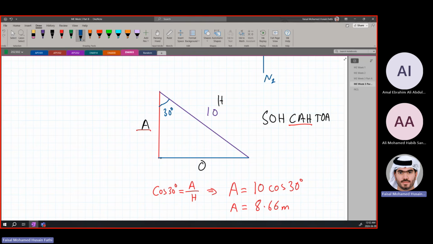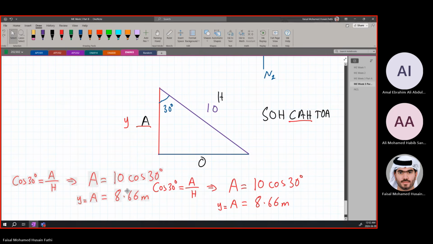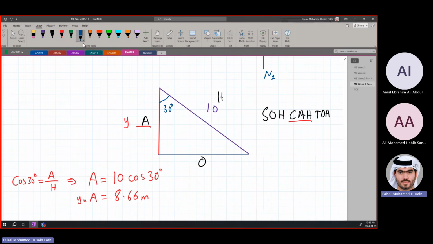Now let us find our B, or our O, sorry, our opposite side. The A, we usually call it our Y value, so we could say Y is equal to 8.66, which is equal to this. Let's take this all to the next side. And now let's solve for O. This O is usually our X. So for O, we have the hypotenuse, so we will use SO, all right?